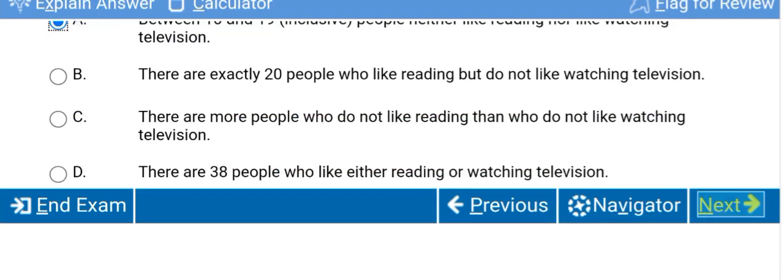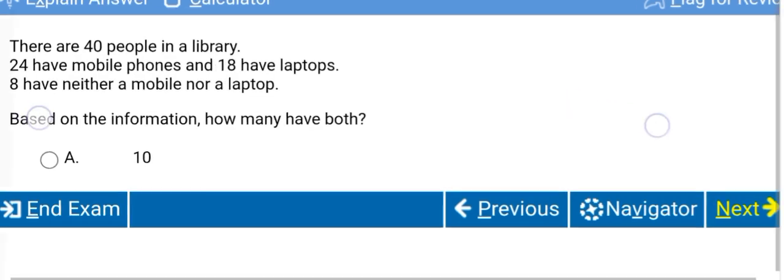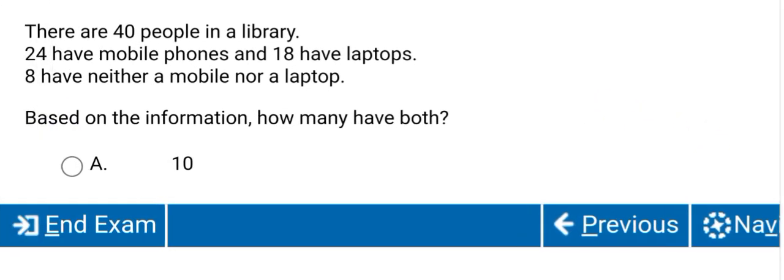Next question, question number 19, says there are 40 people in a library. 24 people have mobile phones and 18 have laptops. 8 have neither a mobile nor a laptop.